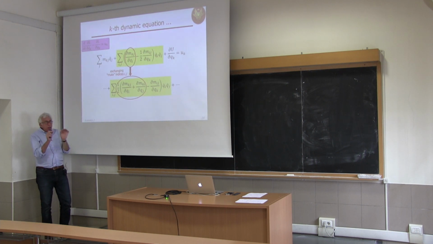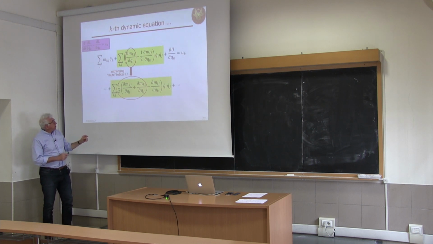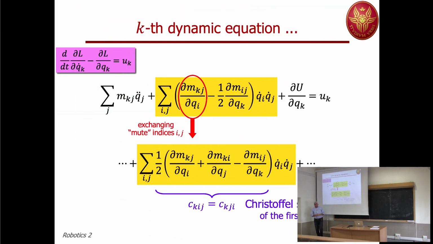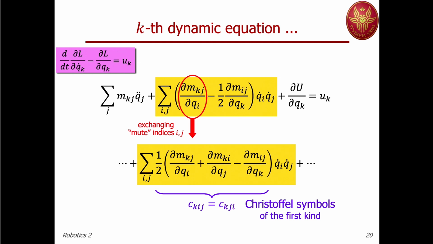So this is just to show that we have introduced with this term what are called in mechanics the Christoffel symbols associated to the inertia matrix. These are all terms that are computed through partial derivatives of the elements of the inertia matrix with respect to the coordinates.